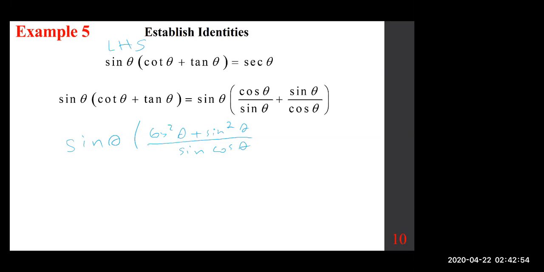Right, everybody? Cosine squared and sine squared is equal to 1.